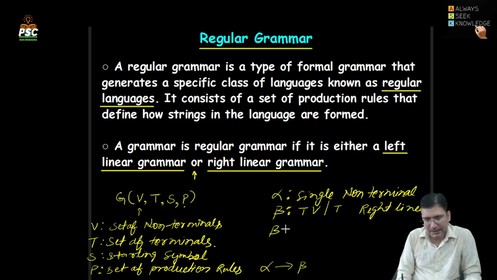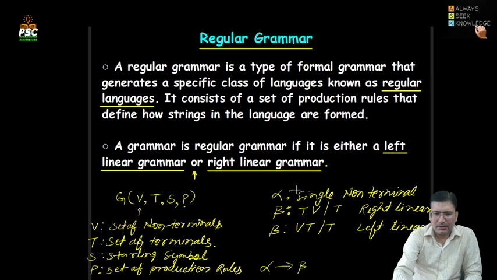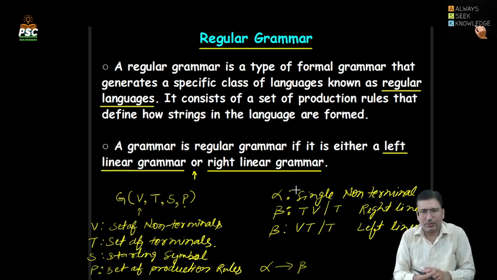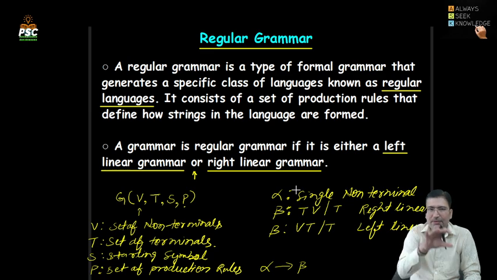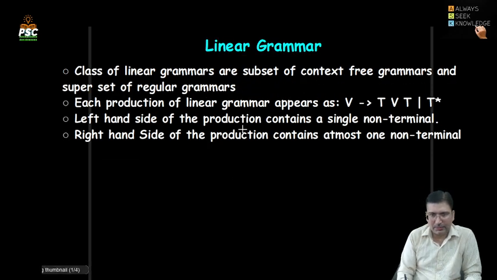If beta is a variable followed by a terminal, or just a terminal, that defines the left linear property. There are also linear grammars, left linear grammar and right linear grammar. If a grammar has left linearity or right linearity but not both, then we can say that grammar is regular. So let's understand what a linear grammar is.